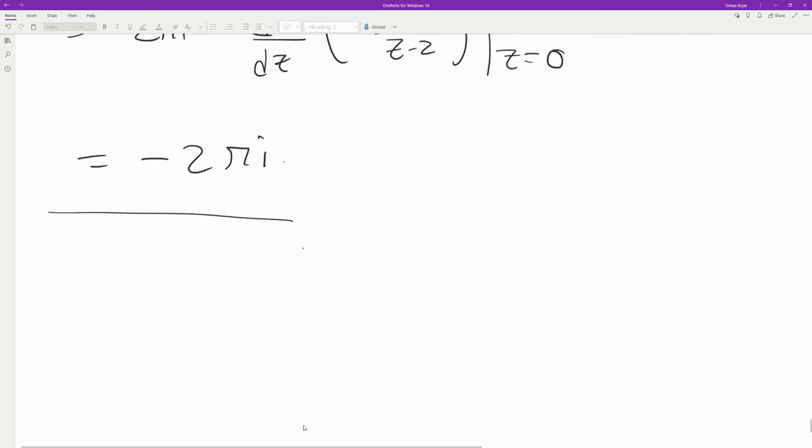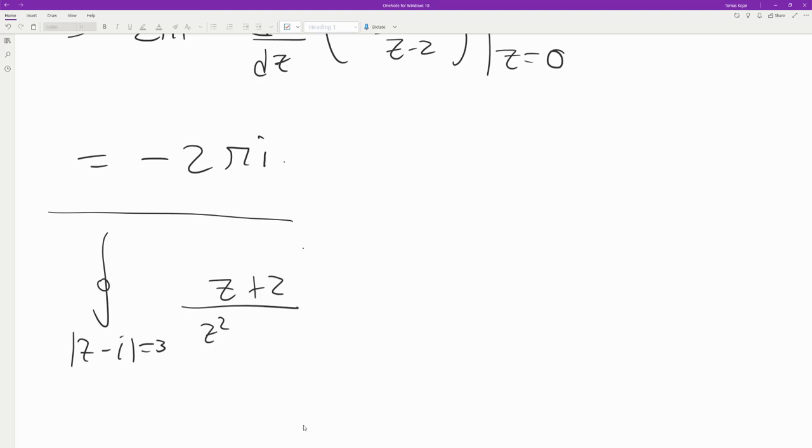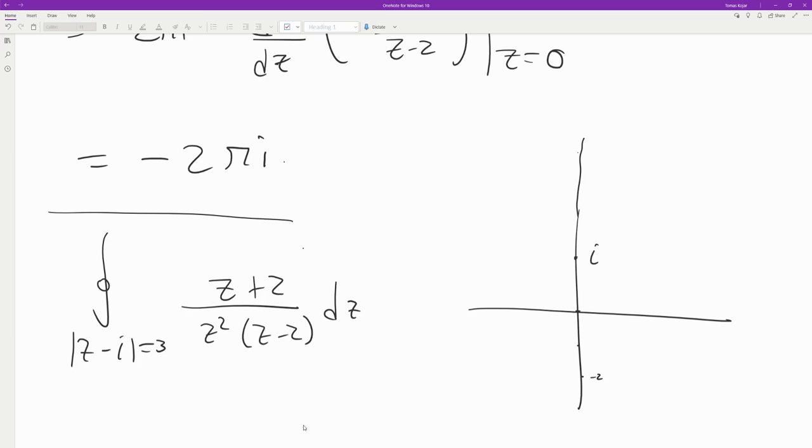Okay, now let's find this guy. Let's draw the contour. It's centered at i, and it has length 3. So 0, minus 1, minus 2. And then 4i. So it's quite big.